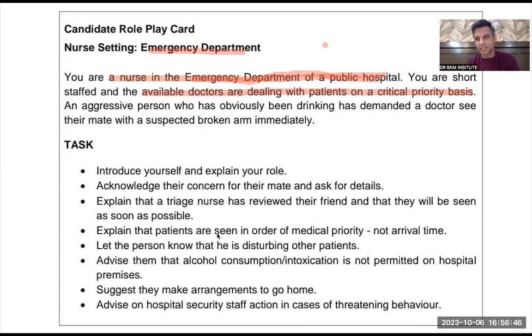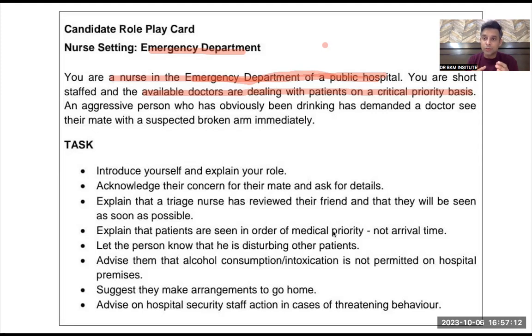So you will explain that, please try and understand that patients are seen in the emergency department according to their medical priorities. That means how critical they are. Because this is an emergency department, some people are fighting for their lives, they are in the stage of dying, so attending those patients becomes more important.